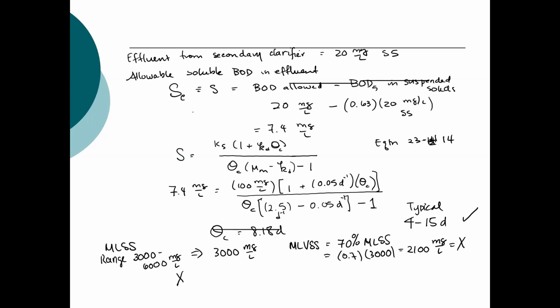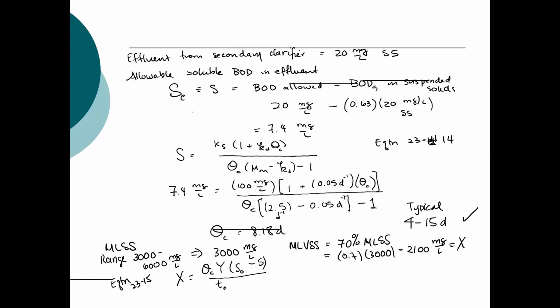Then using equation 23-15, X is equal to the mean cell residence time times Y, and note that was given as VSS, times S sub 0 minus S, divided by tau, that's our hydraulic detention time.